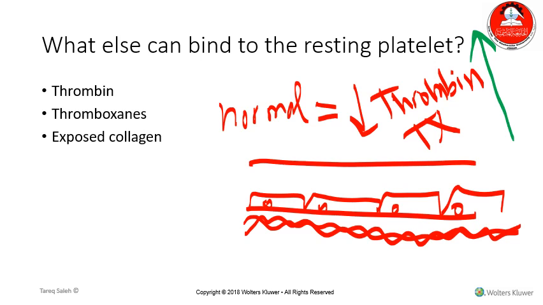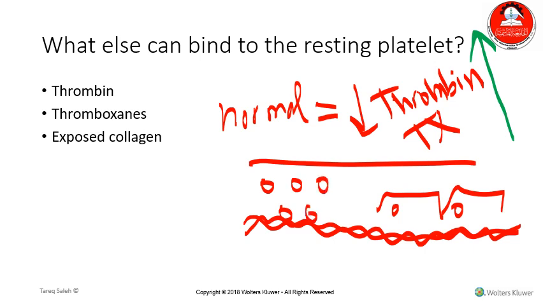And then because of the injury, part of the endothelium will be lost and damaged, meaning that the platelets will be exposed to collagen. Binding of platelets to collagen will also result in platelet aggregation.